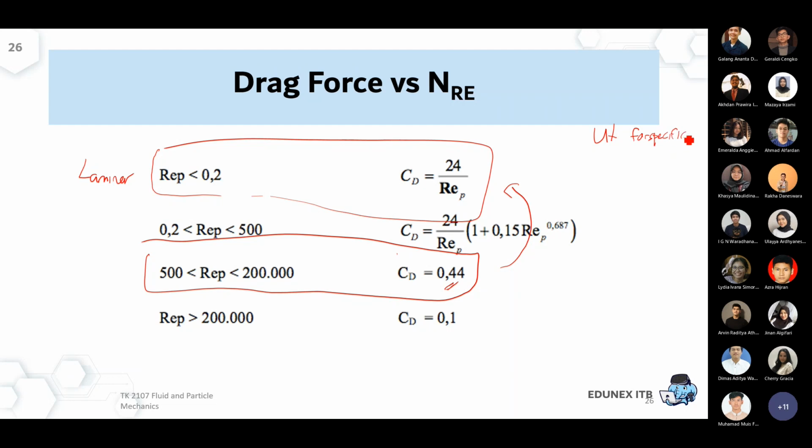Here we have 4 regions: below 0.2, 0.2 to 500, 500 to 200,000, and more than 200,000. At least I will explain the derivation for these two regions. What is the UT specific for laminar? What is the UT specific for the mild turbulent?